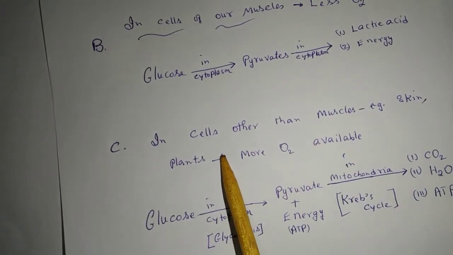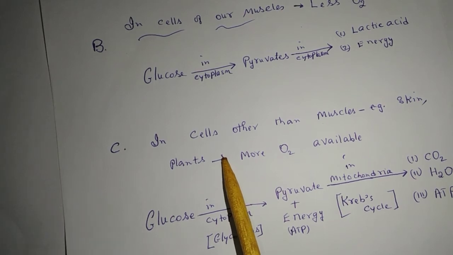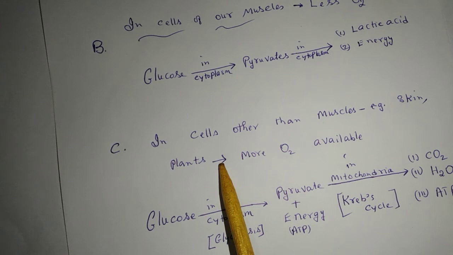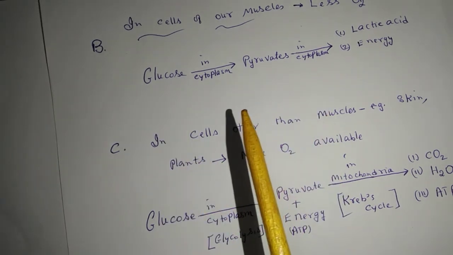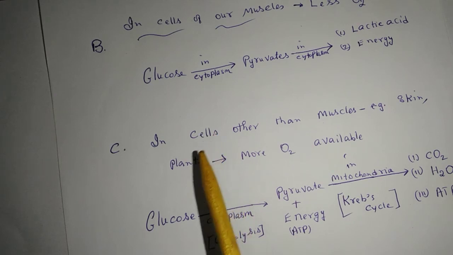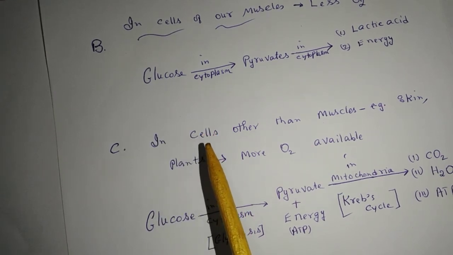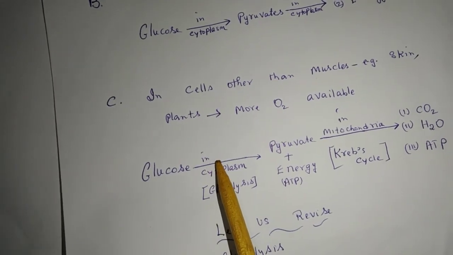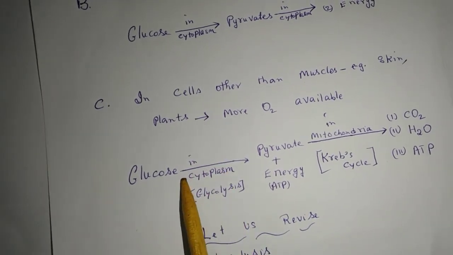And in cells other than muscles, examples like in the skin, or in plants, or any other parts of the body, the cells have a lot of oxygen. So the process of respiration will be different.